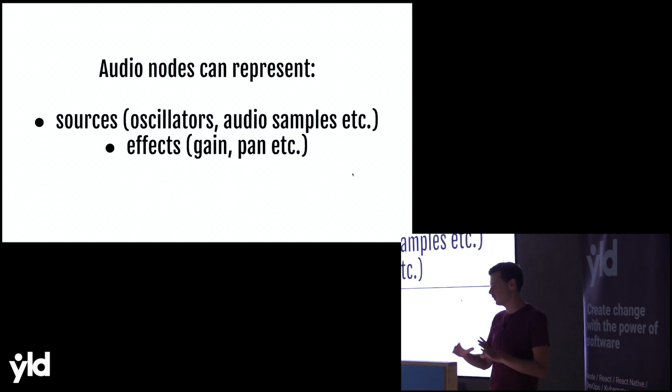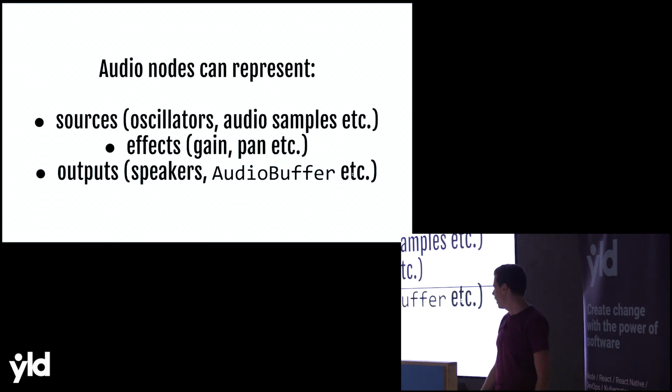Effects such as gain that allow you to control, in layman's terms, how loud an output is or how quiet it is. Panning, so going between the left and right speaker in a stereo context. And also audio nodes can represent outputs, typically called destination nodes, so a speaker or the aforementioned audio buffer.